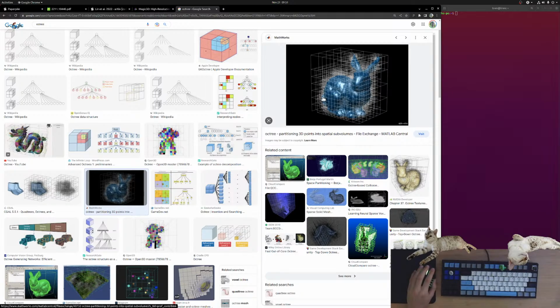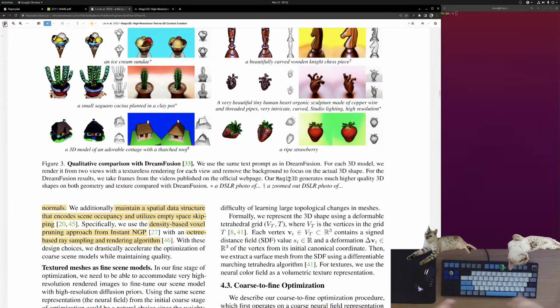Versus this octree representation, where you can have very big squares where there's nothing, and very small squares where you actually have the surface of the object and a lot of interesting points. That's where all that memory and compute efficiency is coming from: not having to do inference on empty areas, and also the efficiency you get because you now have a tree data structure rather than some random 3D space data structure.